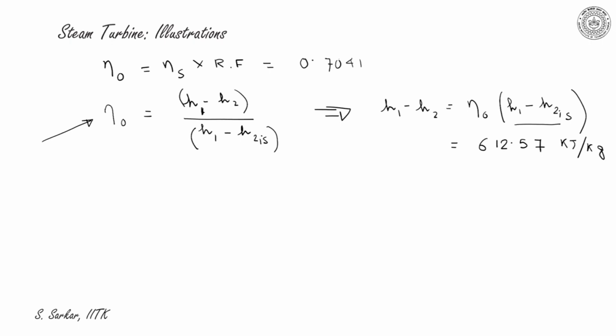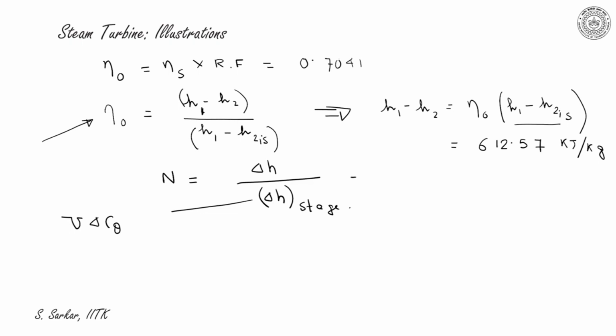Right? So what will be the number of stages then? Let us consider n to be the number of stages. Then n would be equal to del H, the actual enthalpy drop, divided by del H per stage. Now del H per stage is nothing but U into del C theta, that we have already calculated.